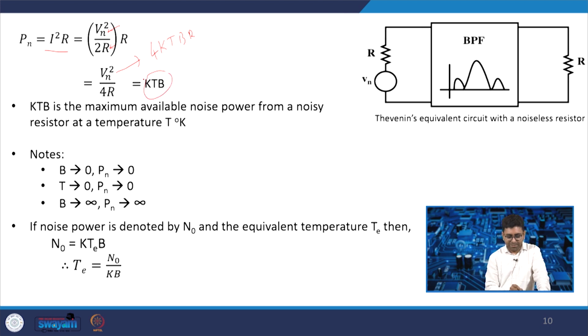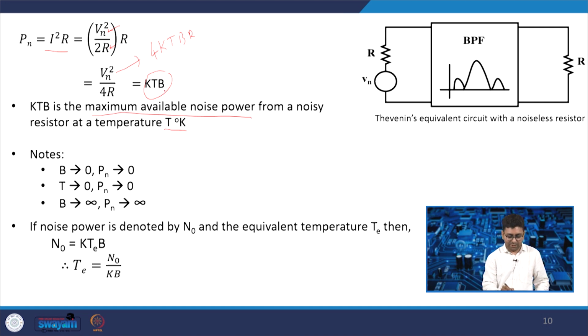So kTB is the maximum available noise power from a noisy resistor at temperature T kelvin. What is kTB? It is the maximum available noise power. If I have a noisy resistor and I want to find its noise power, that is the maximum noise power, and this gives us an important understanding.